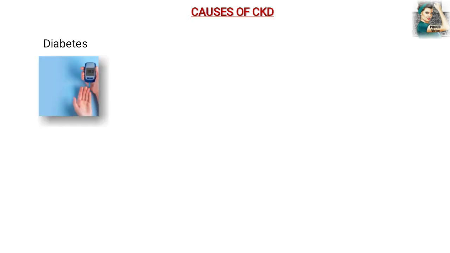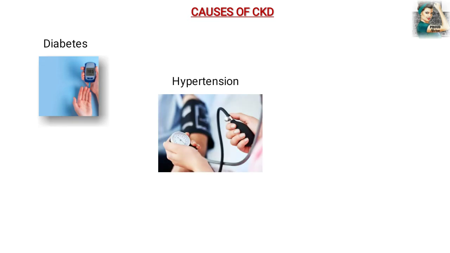The causes of CKD include, first and most important, diabetes, because prolonged uncontrolled levels of glucose in our blood lead to destruction and damage to the walls of the blood vessels, which impairs the blood flow to the kidneys. The second most important and leading cause of CKD is hypertension.